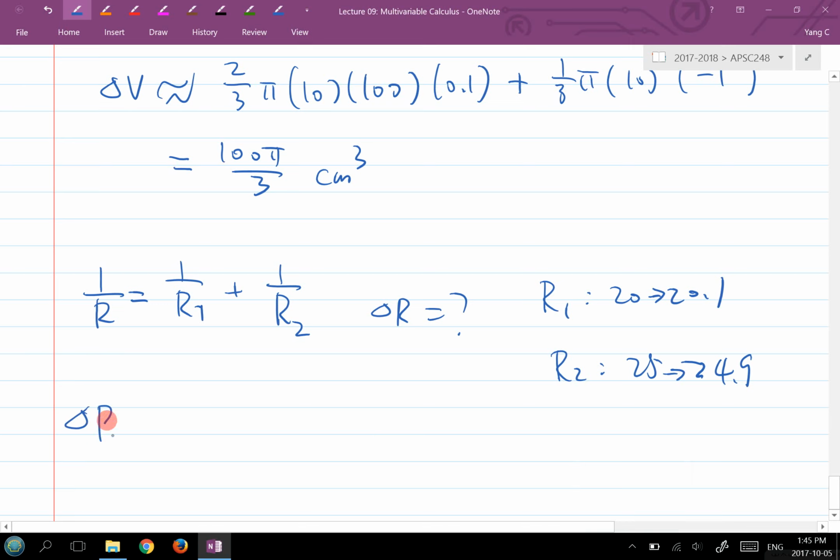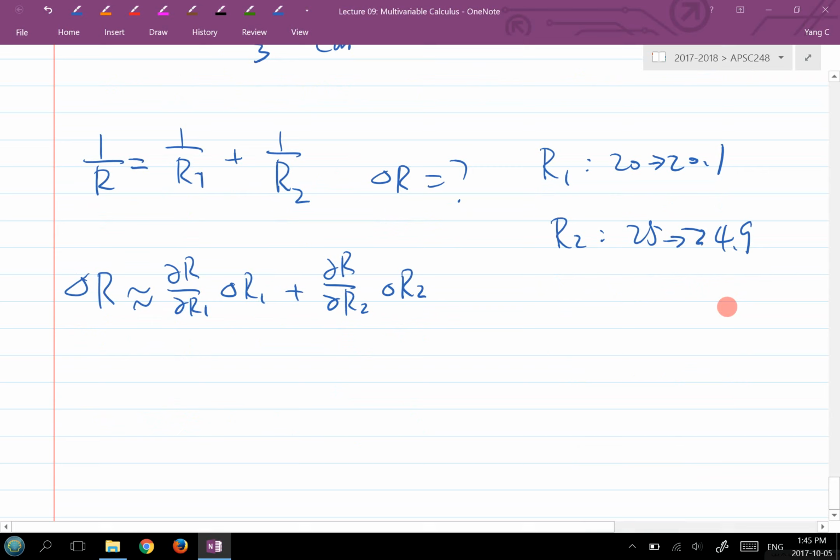So basically, you need to calculate the two partial derivatives, and you need to calculate the delta change in R1 and R2. You put things together, and you get the approximate change in delta R. There are two different ways of doing it, but mostly I would recommend a very straightforward way here.